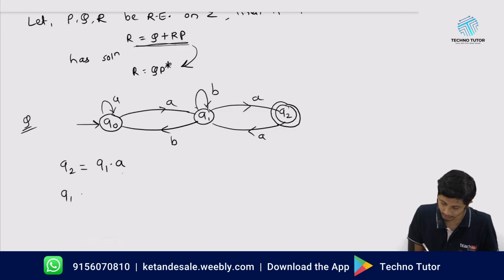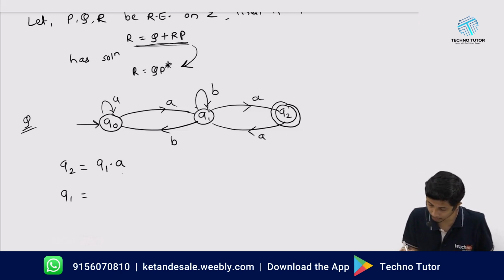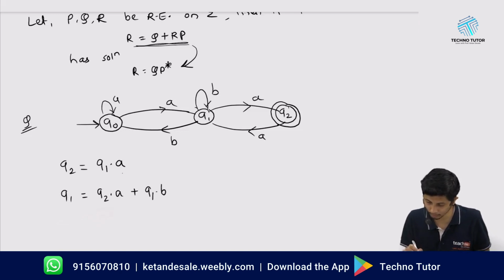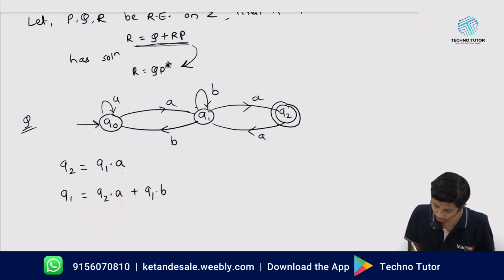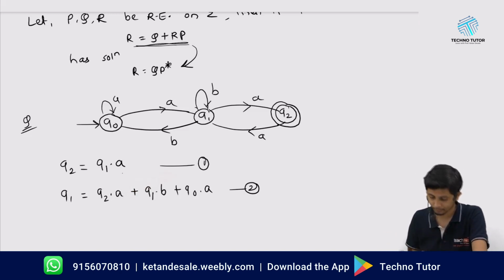I will write similarly for Q1. Observe the incoming transitions: Q1's incoming is from Q2, so I will write Q2 dot A. Then Q1 dot B, because it has a self loop. One more incoming is from Q0, so Q0 dot A. Let's name these 1, 2, because these are what we are going to solve.